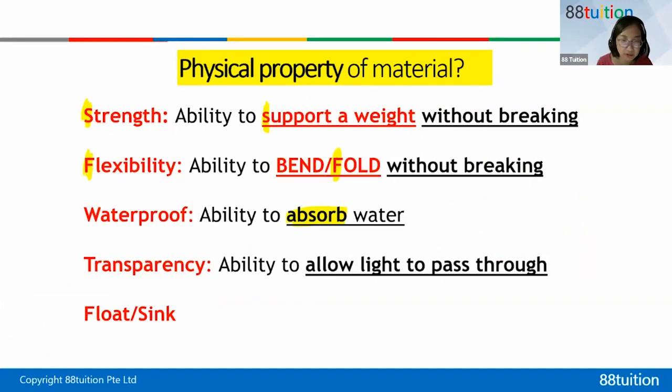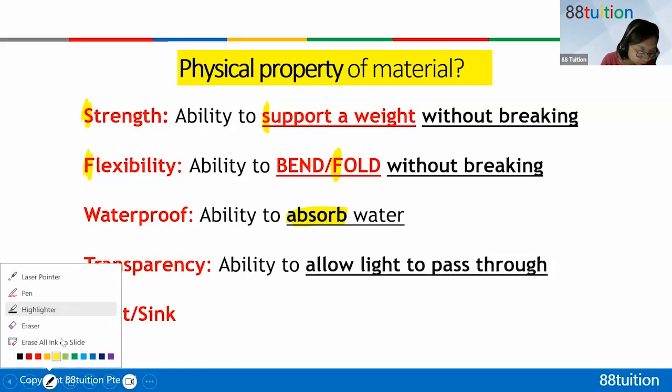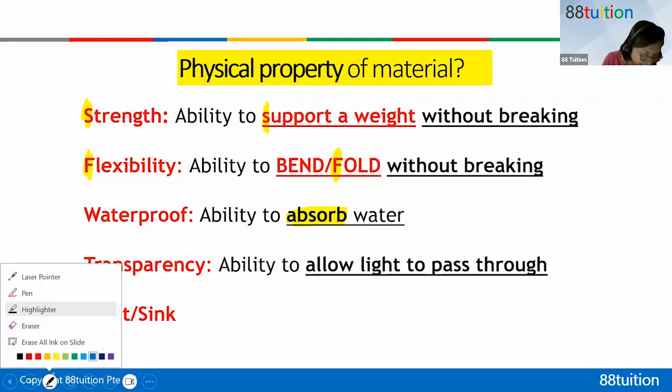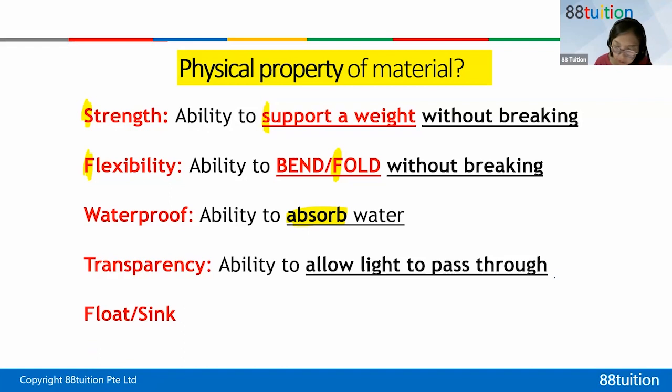A raincoat does not absorb water so that we will not get wet when we are caught in the rain. Then we have transparency. Transparency means whether the material allows light to pass through it. Let me add in one more word: pass through the material. Whether the light can pass through the material or not. And then float or sink is also another physical property.